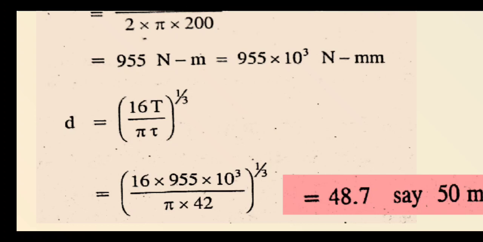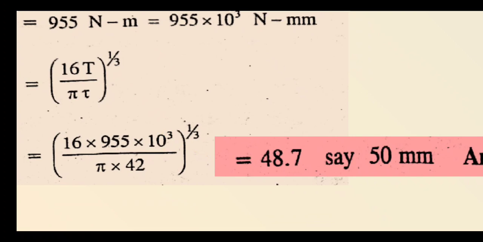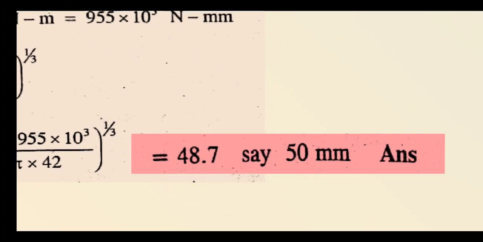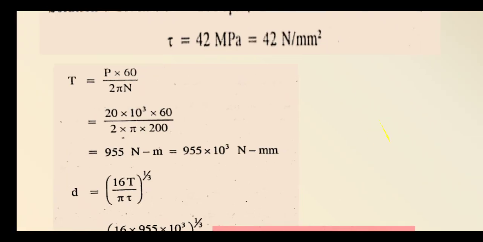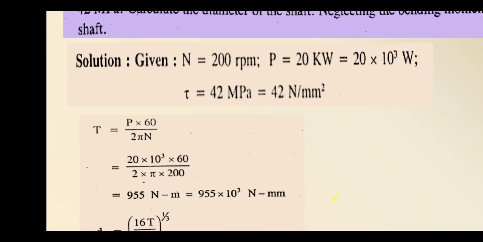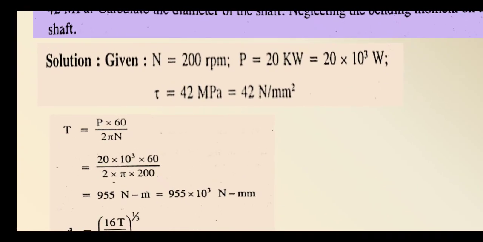After simplifying this data, we get the diameter of the shaft as 48.7. Taking a round figure, 50 mm is the right answer, which means the diameter of the shaft required to transmit 20 kilowatt power is 50 mm.